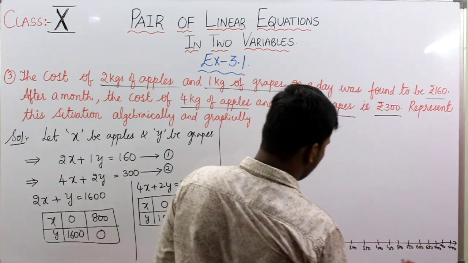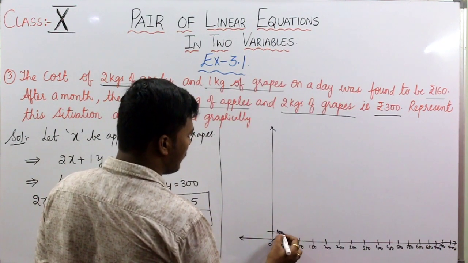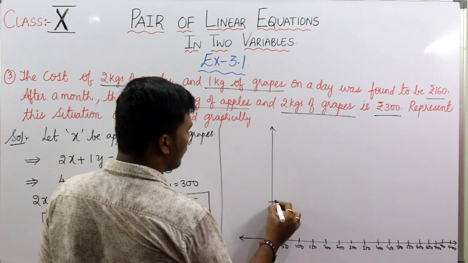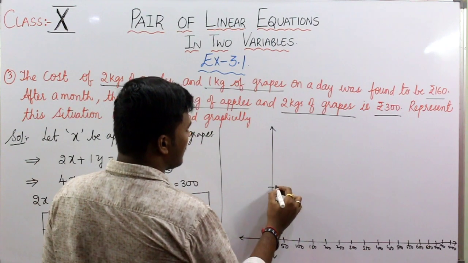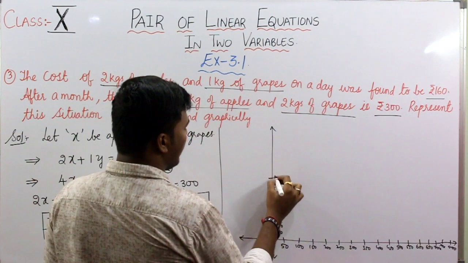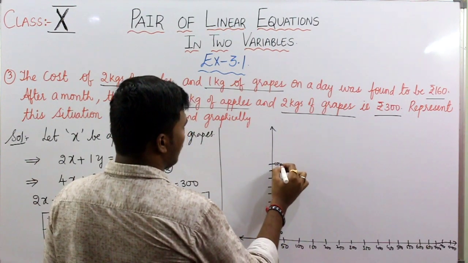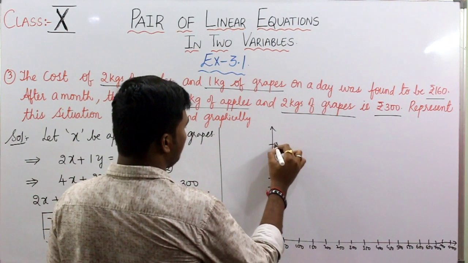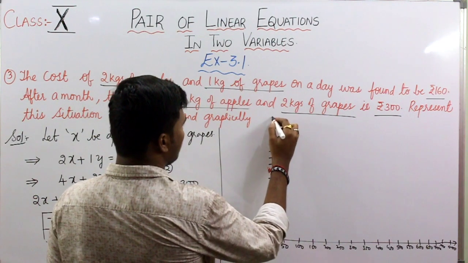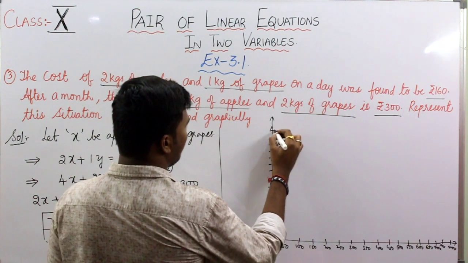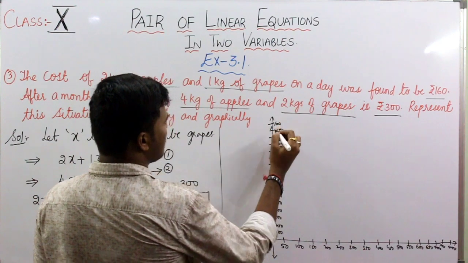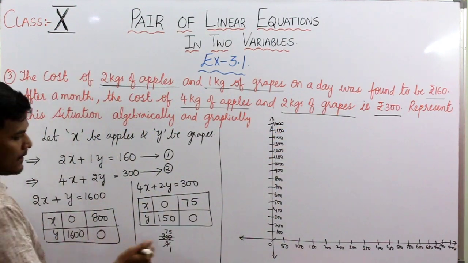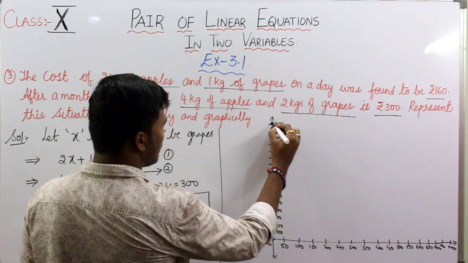On the y-axis, let us take 100 units: 100, 200, 300, 400, 500, 600, 700, 800, 900, 1000, 1100, 1200, 1300, 1400, 1500 and 1600. The first one is 0, 1600.